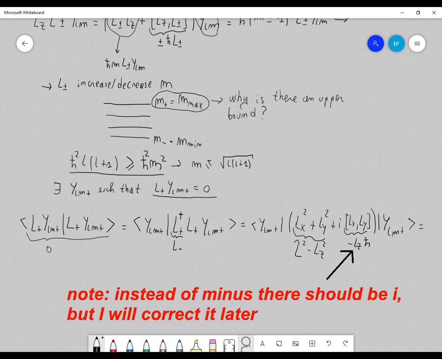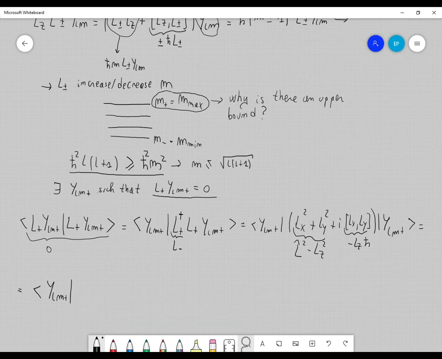So this quantity will give rise to Y_{L M+}, and then when you act with L squared, you will get h bar squared L times L plus 1, and then when you act with minus Lz squared, you will get minus h bar squared M squared, where in this case it's M plus because you're acting on Y_{L M+}, right? And then you have minus M plus h bar squared.